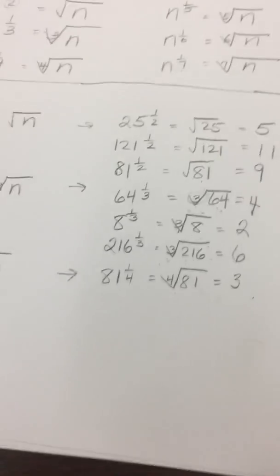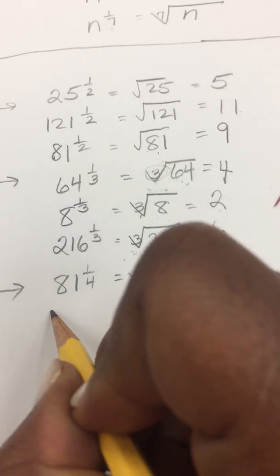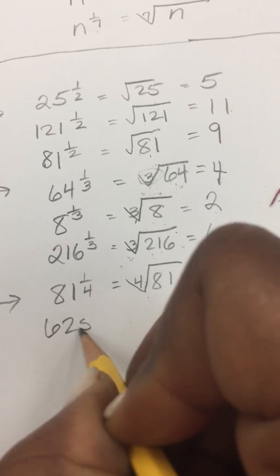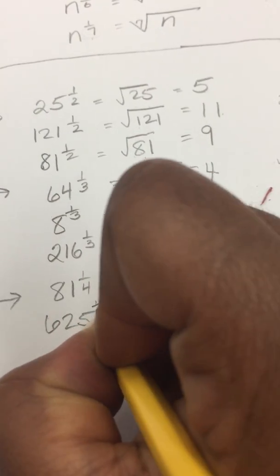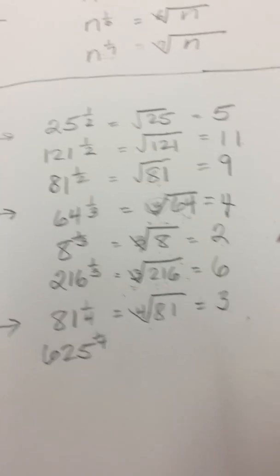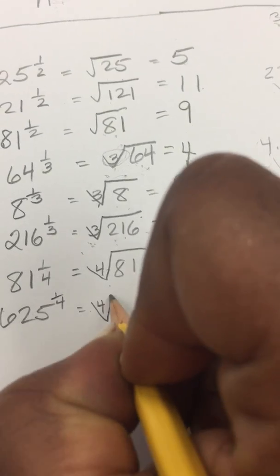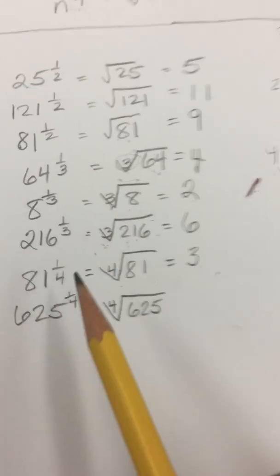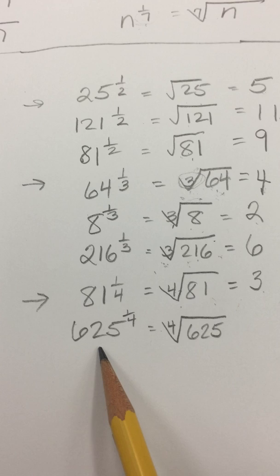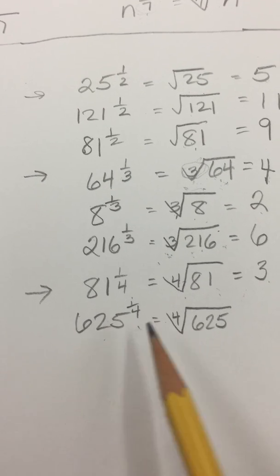Let's try another one. You know I love different examples so that we can see it. 625, and we're going to take the 1/4 root of 625. Well, that's going to equal the fourth root of 625. I'm sorry, this is called 625 to the 1/4 power.